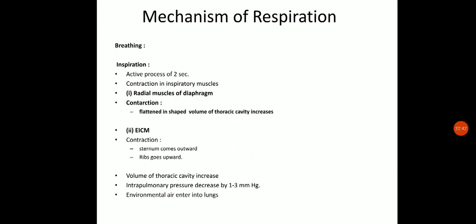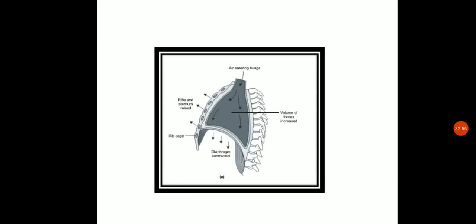During this inspiration, two structures are responsible: the contraction of the radial muscles and the contraction of the external intercostal muscles. Under the effect of the cerebrum, the diaphragm, which was dome shaped, will get flattened.